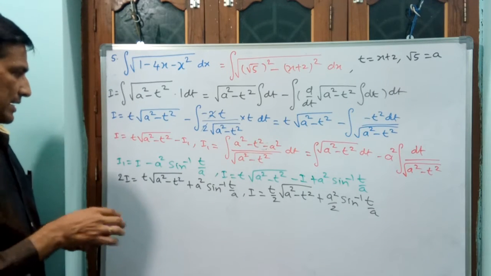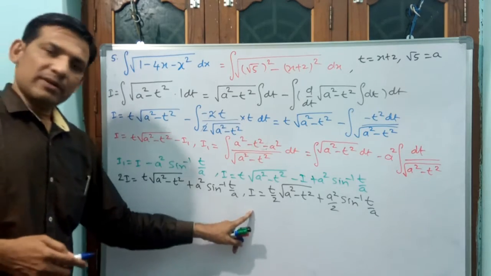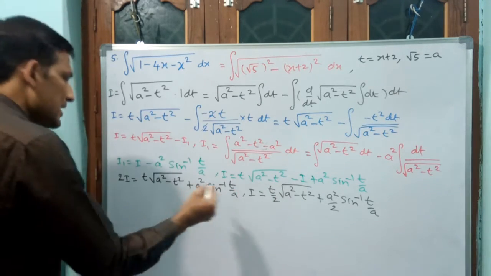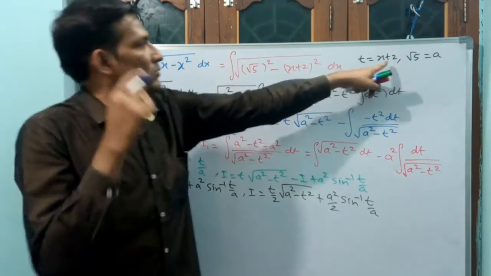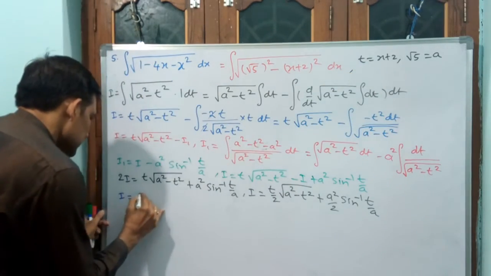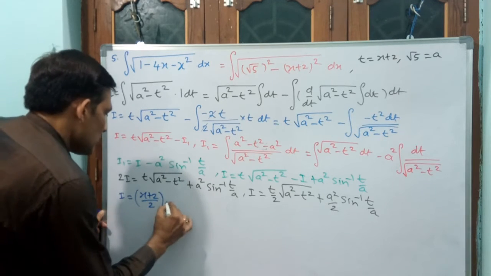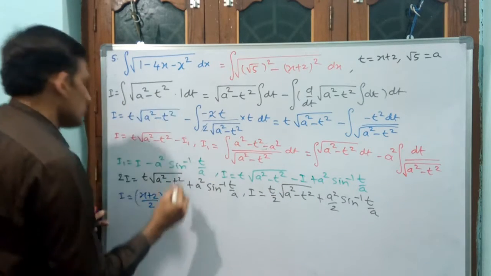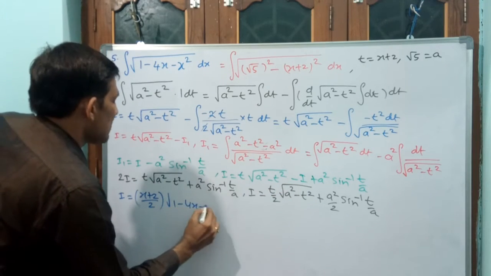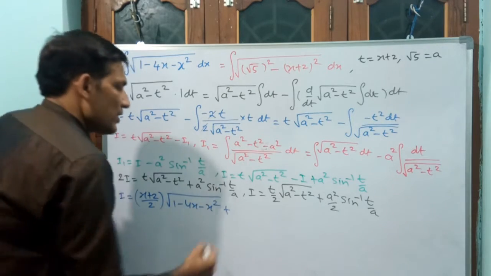Okay, and now substitute t and a values. I is equal to t by 2. What is t? X plus 2. X plus 2 by 2. Write down. See, this square root of a square minus t square, complete this one, you write 1 minus 4x minus x square under root, plus a square.